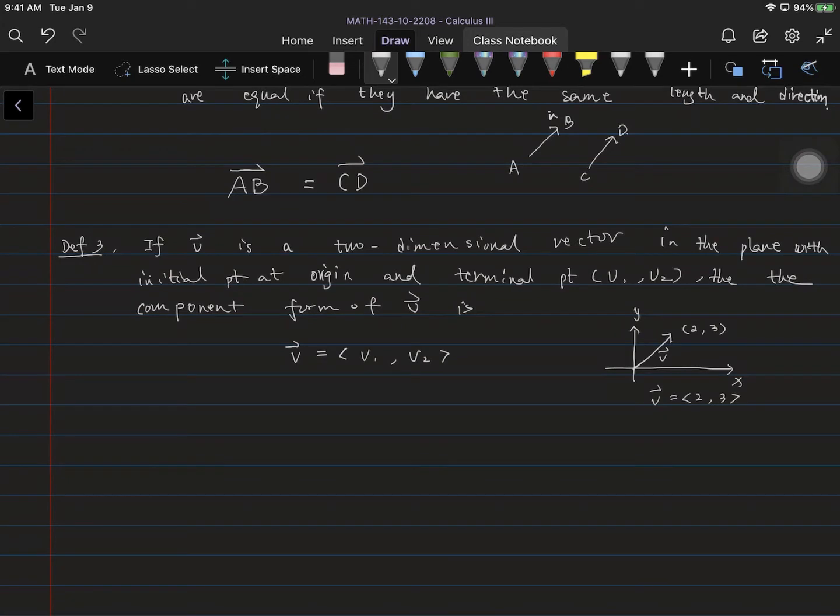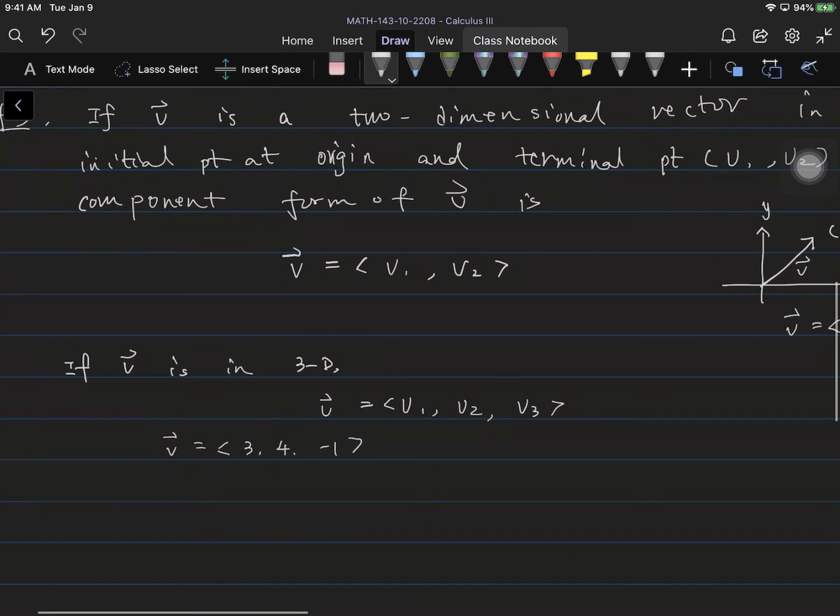And if V is in 3D, we write down the vector as V1, V2, V3, three components. V1, V2, V3 are called the components of the vector. So, for example, the vector equals 3, 4, -1. This is a 3D vector, right?